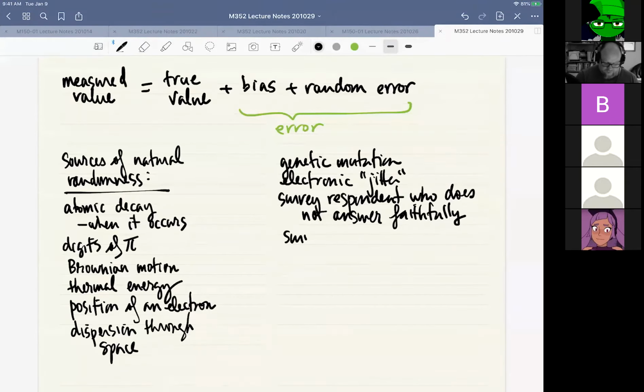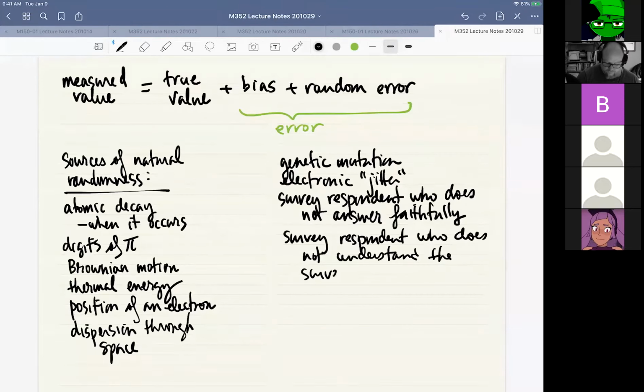Or a survey respondent who doesn't understand the question. And so they answer it at random, right? If they don't understand it. So that's an example of a source of randomness, and it's a person, so it's natural.